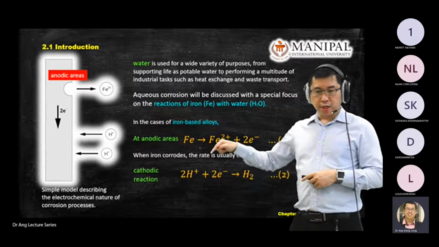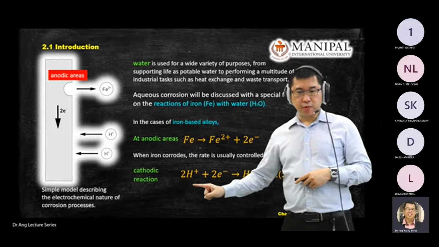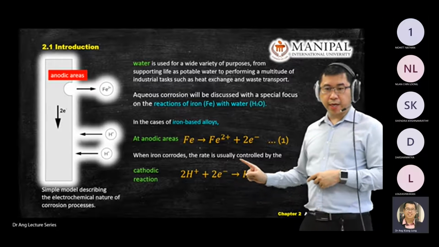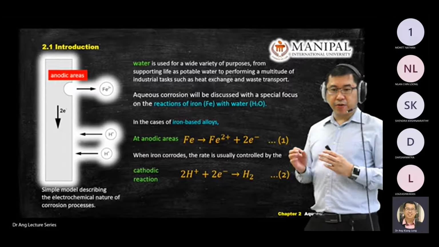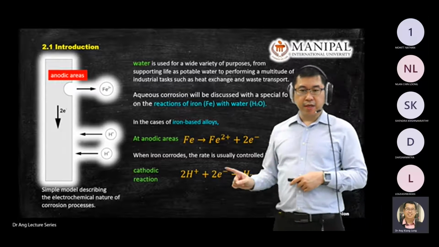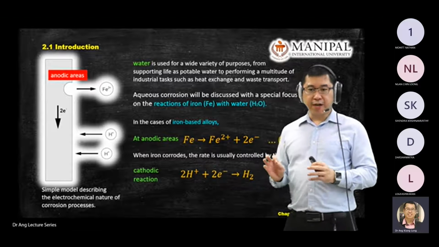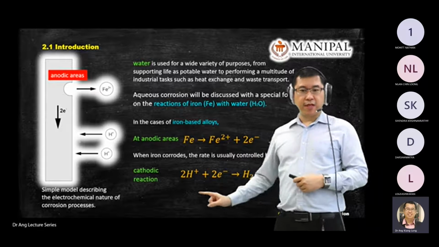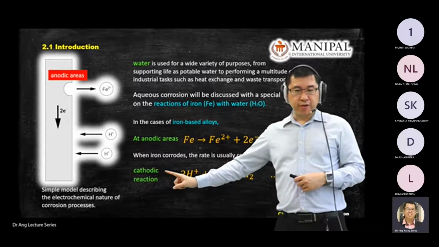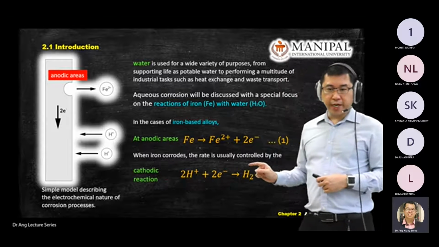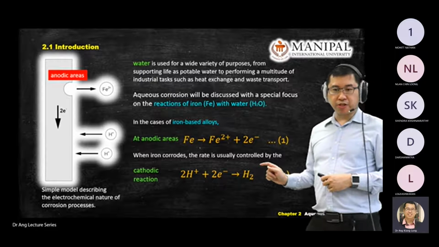So from today onwards, because later we'll look at another chart that will describe the rate of corrosion. Rate means how fast the corrosion happens. It is controlled by the cathodic reaction. And what is the cathodic reaction? One of the simplest examples is hydrogen.